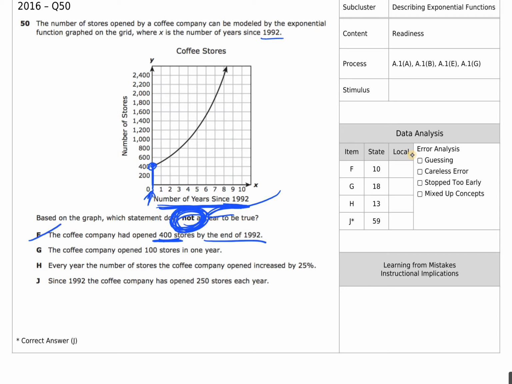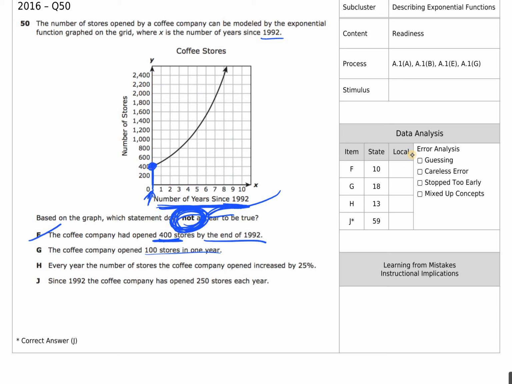The coffee company opened 100 stores in 1 year. Since this is using it in past tense, the company opened 100 stores in 1 year. It doesn't have to do that every year. It just has to have done it at least once. Did they open 100 stores?